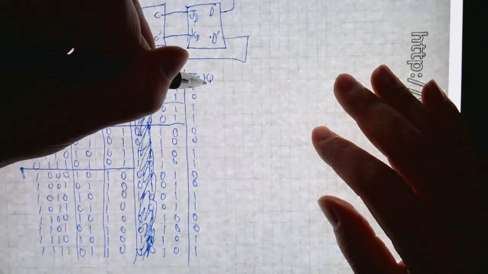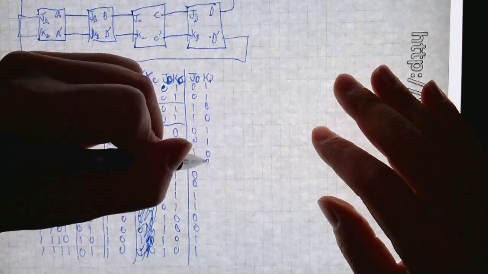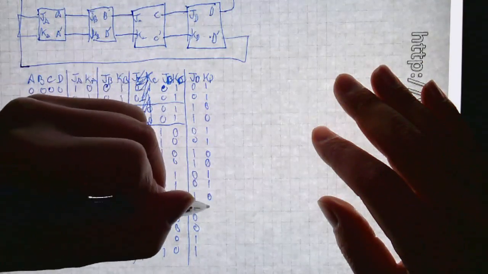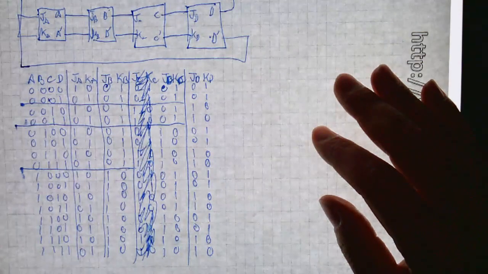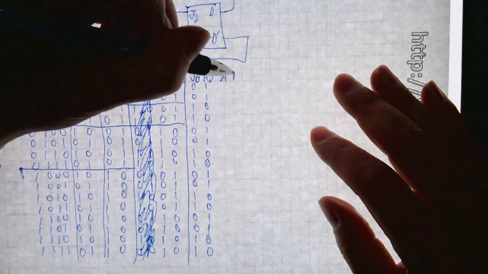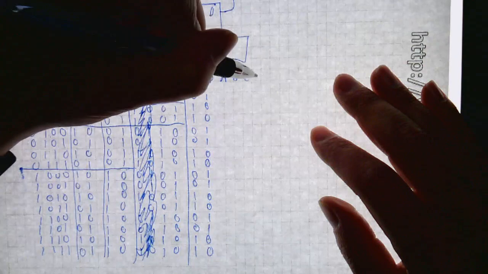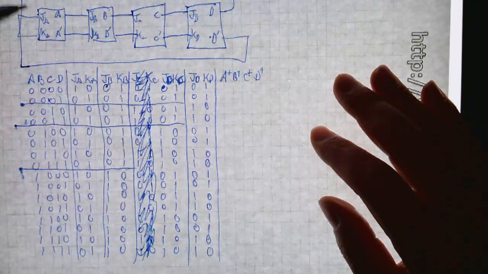And KD is the opposite. There. Are we there yet? Thank God. All right, so now A plus, B plus, C plus, D plus. We want the next states. That was the whole point of doing this little exercise.